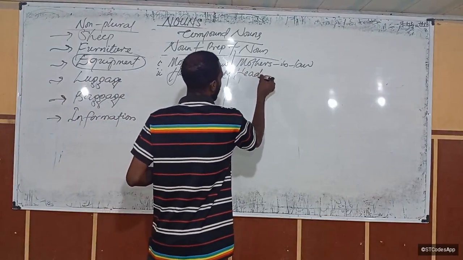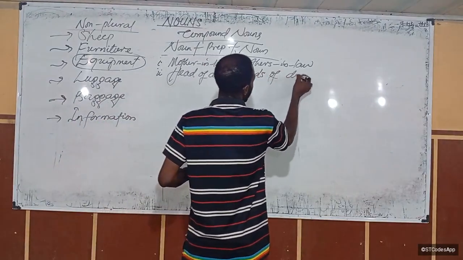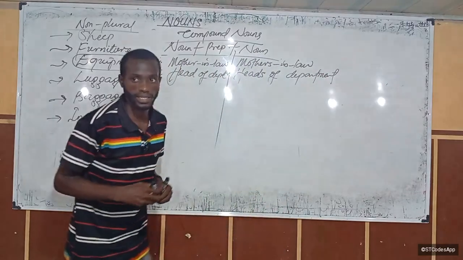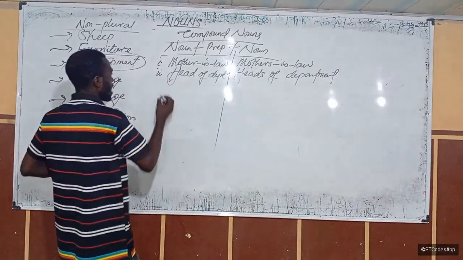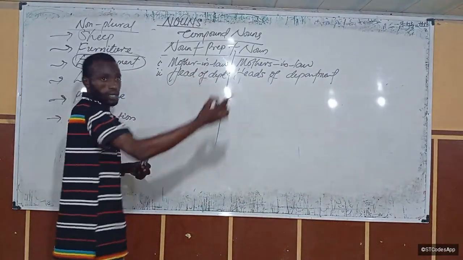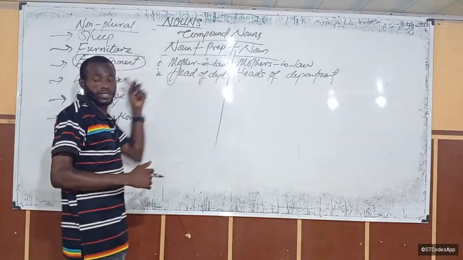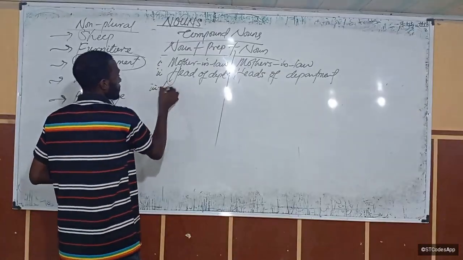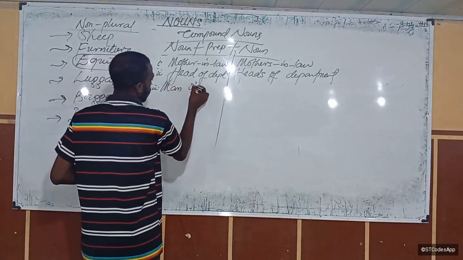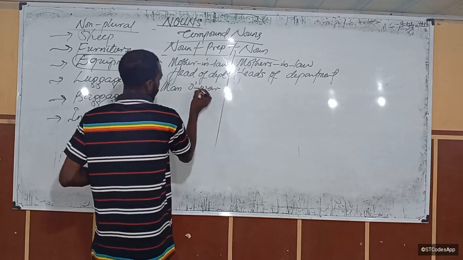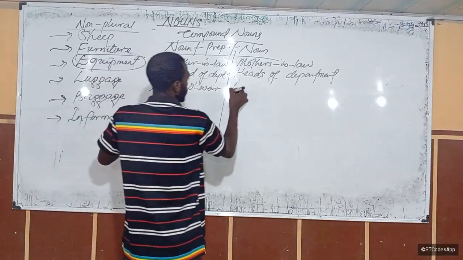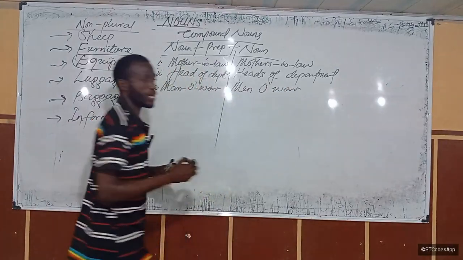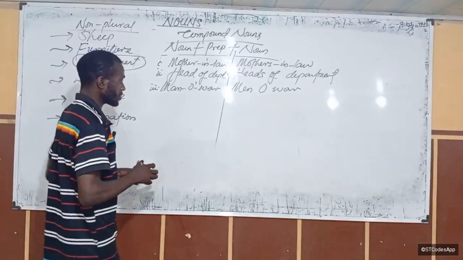Heads of department. Does that make sense? Okay. What if we have son-in-law, sons-in-law, daughter-in-law, daughters-in-law? How about this one? Man of war. That is men of war, yeah? Men of war, not men of wars. Okay.